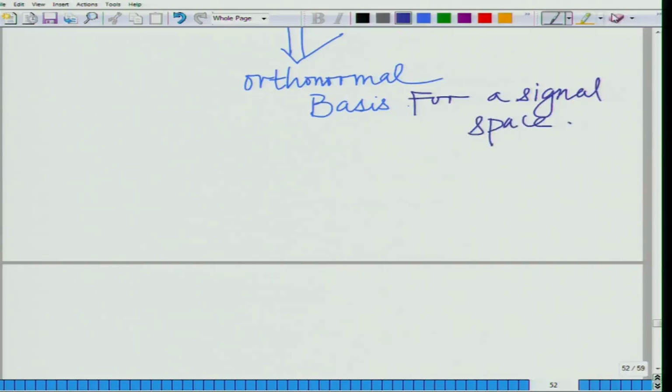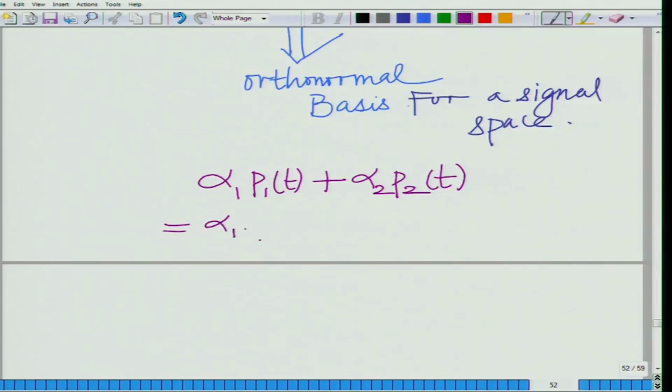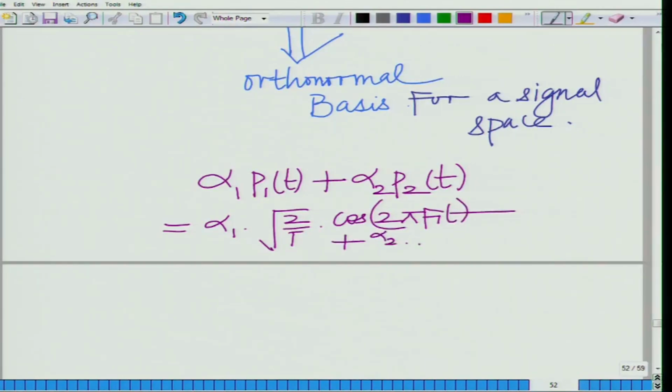And what is the signal space? The signal space is formed by all linear combinations alpha 1 p1(t) plus alpha 2 p2(t), that is alpha 1 square root of 2 over T cosine 2 pi f1 t plus alpha 2 square root of 2 over T cosine 2 pi f2 t.